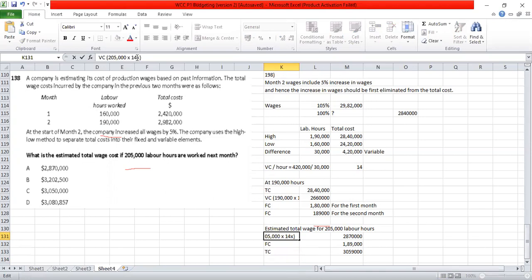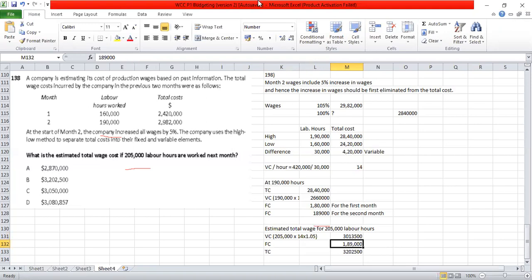It is the total wages which is rising by 5%. So this should also be multiplied into 1.05. That's right. This is total wage, so 1.05. Do we have this answer? Yes.